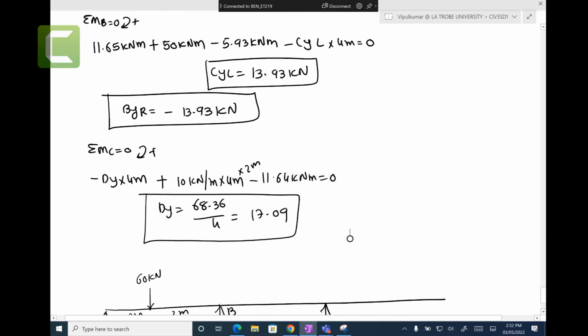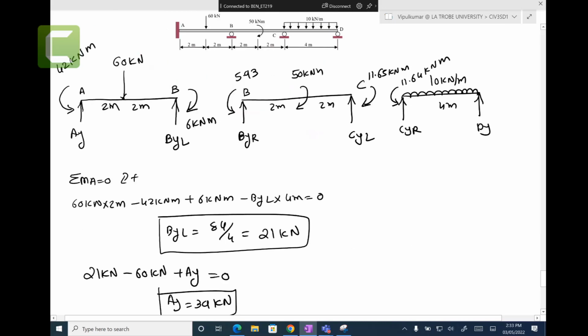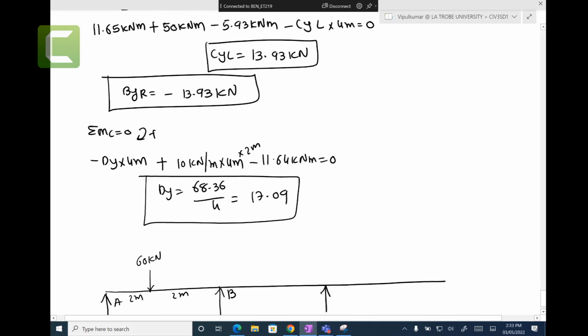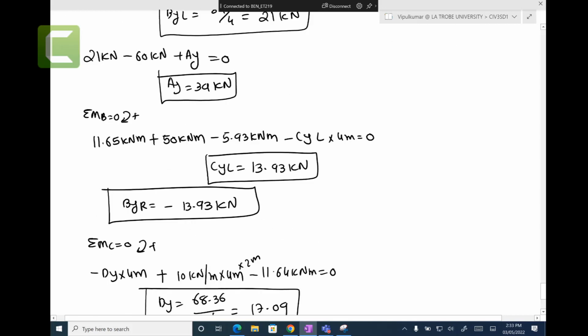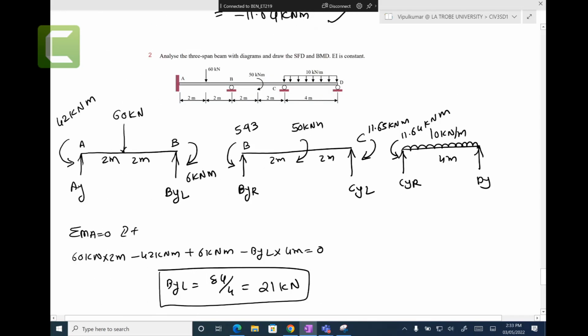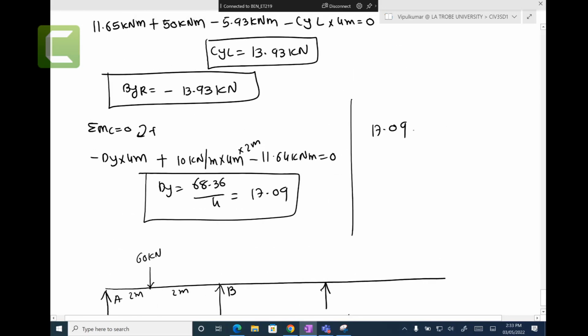Did we find CY right? CY left, DY. Where is CY right? Oh, CY right, we did not find it yet. So let me do this one. 17.09 going up. Take 40 plus CYR equal to 0.